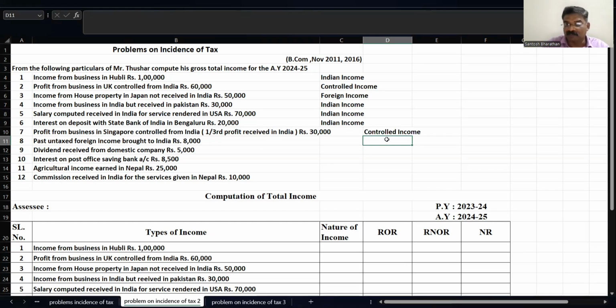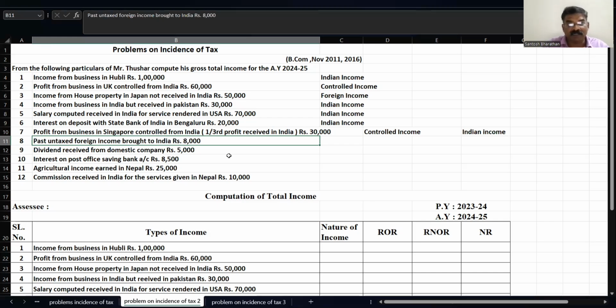That means out of 30,000, 10,000 is received in India, so again we have an Indian income. Two things we have here: a controlled income and an Indian income. So 10,000 is taxable in all three cases, and the controlled income under ROR and RNOR we have to mention as 20,000. The amount will be split here. Later on we'll see this when doing the computation of total income. We'll understand, children. We'll go to the next one.